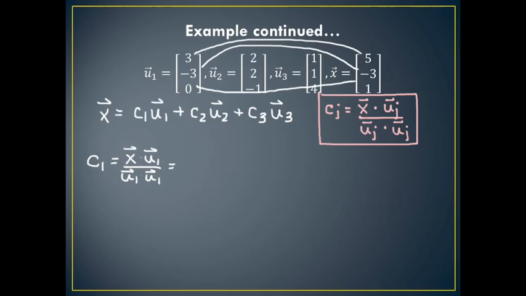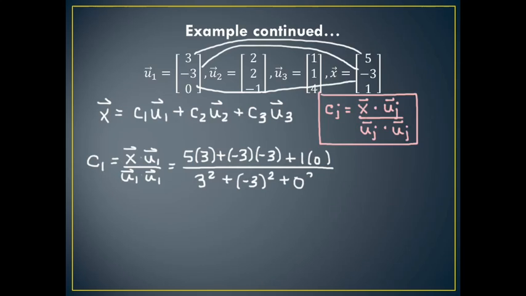So I'm going to do the dot products of x dot u1. So 5 times 3 plus negative 3 times negative 3 plus 1 times 0, over u1 dot u1, so 3 squared plus negative 3 squared plus 0 squared. I get 24 over 18, and I always want to simplify. So 4/3 is c1.